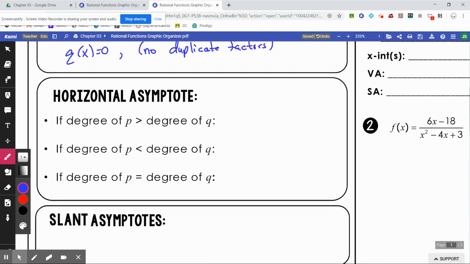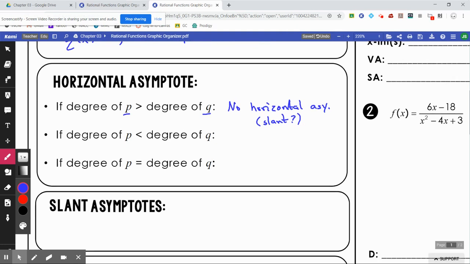Your horizontal asymptotes: if the degree of the top is greater than the degree of the bottom, you will have no horizontal asymptote. However, that's where you need to start looking for a slant asymptote, and I'm going to put slant with a question mark.